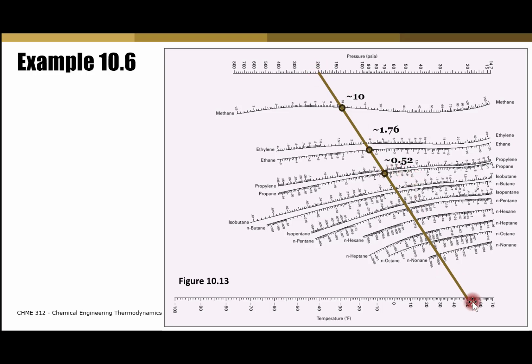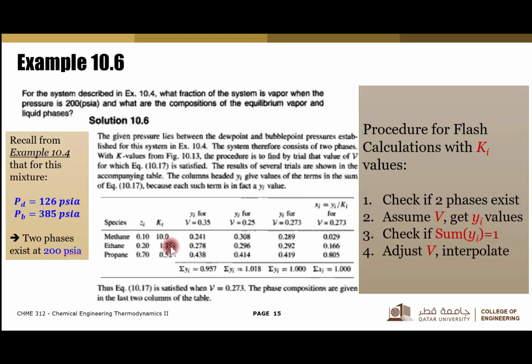We draw a line from the temperature of the system, in this case 50 Fahrenheit, and the pressure, in this case 200. So we draw a straight line. Wherever it intercepts those lines will be my K values. So approximately methane is 10, ethane 1.76, propane 0.52. So that's what we see here: 10, 1.76, 0.52. So those are the K values.